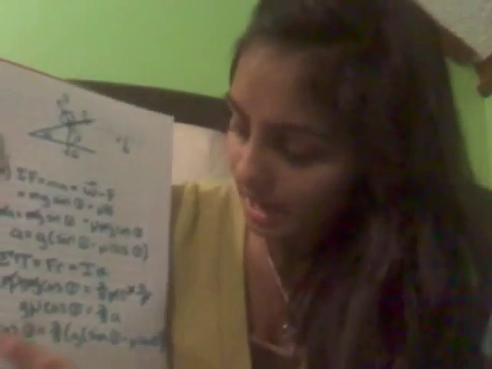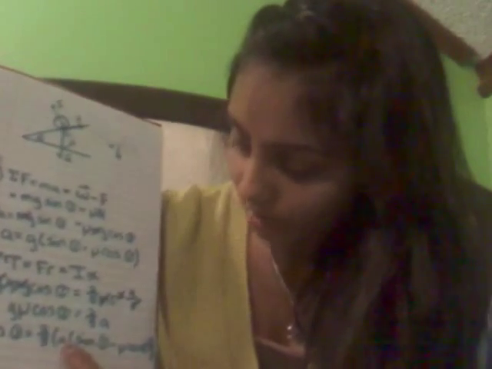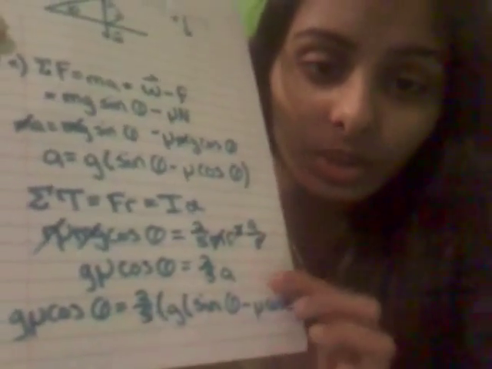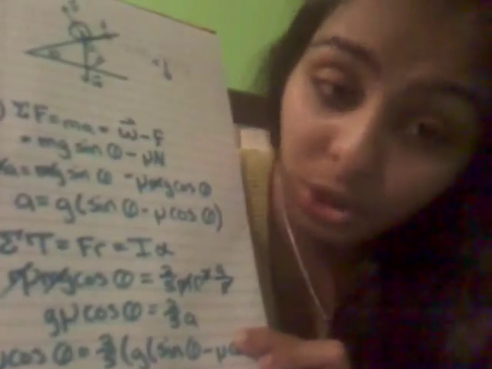You still have a g on this side, so you can cancel it with the g's that we just added in when we substituted the a. So the g's cancel. Now we distribute the 2/5. So mu cosine theta is equal to 2/5 sine theta minus 2/5 mu cosine theta.